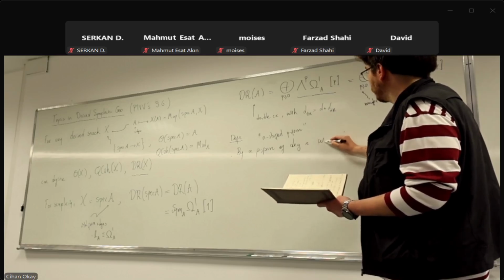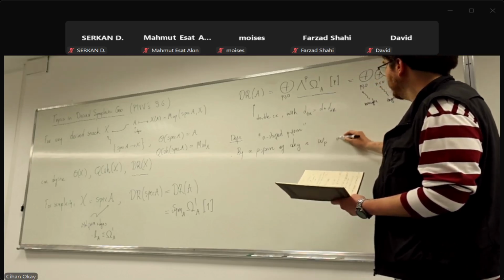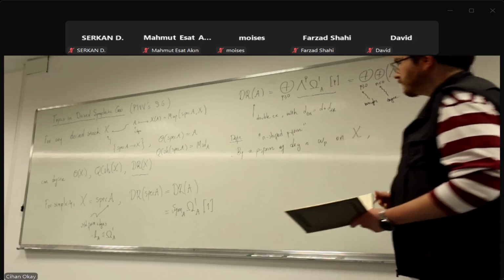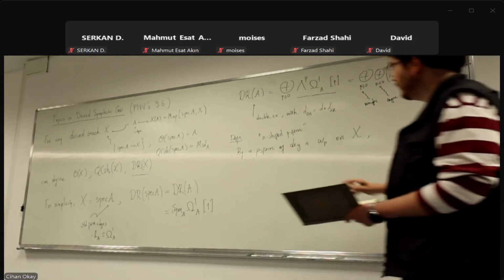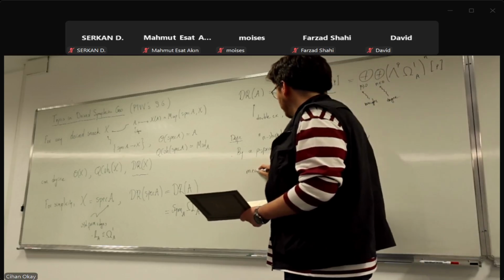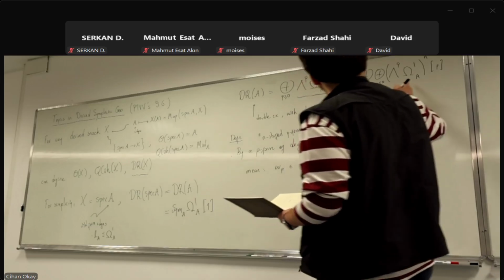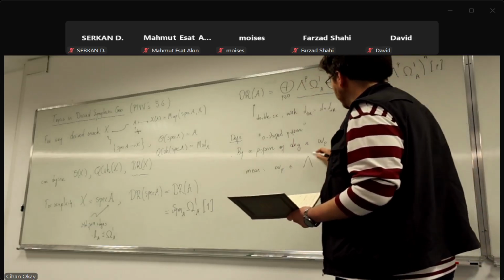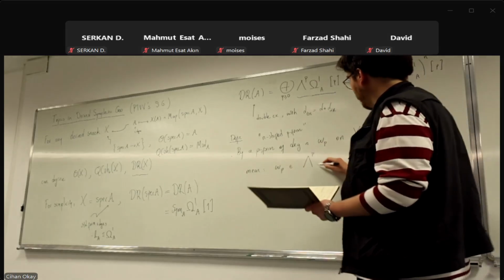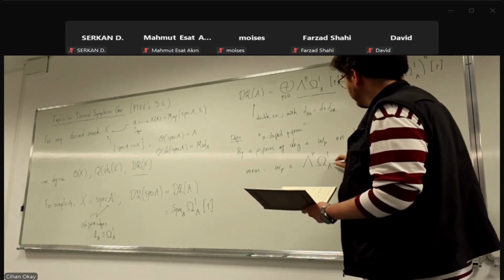So let me use the notation Omega^p on X. We mean the following actually: this Omega^p is actually an element of this double complex, like this.